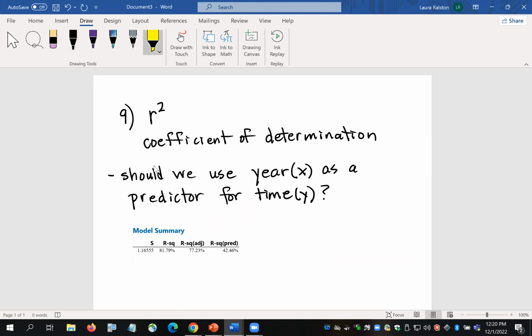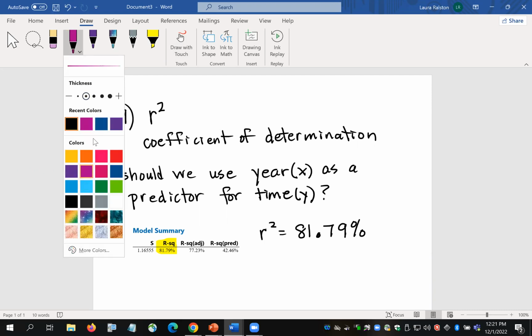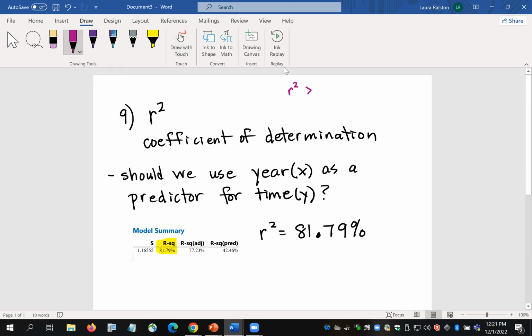Now again, be careful, make sure you read the right one. The model summary R squared that we want is just plain old everyday R squared. So R squared for this problem is 81.79%. The rule of thumb that we use is if R squared is greater than 50%, then we're going to say yes, we can use it as a predictor.